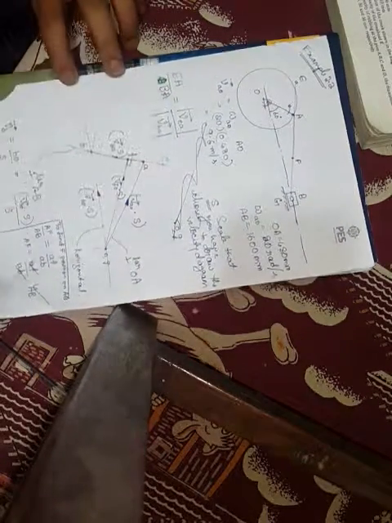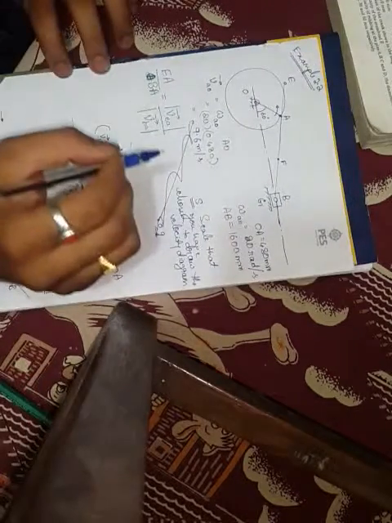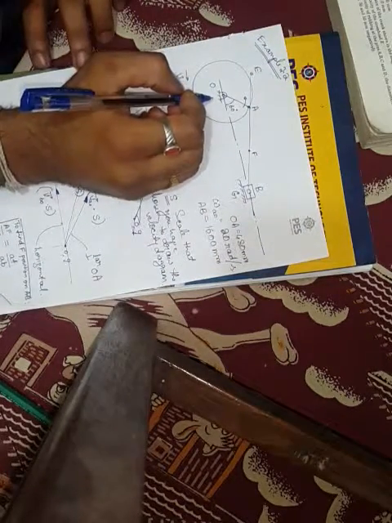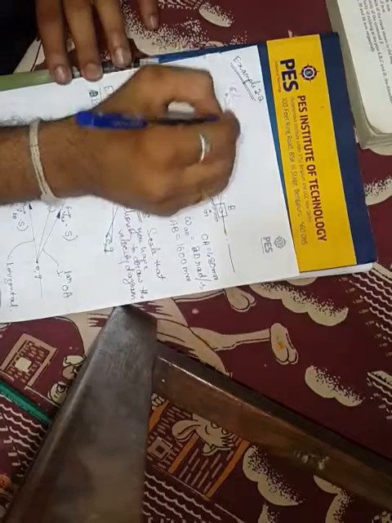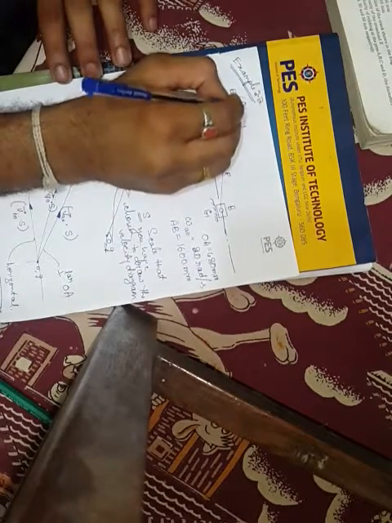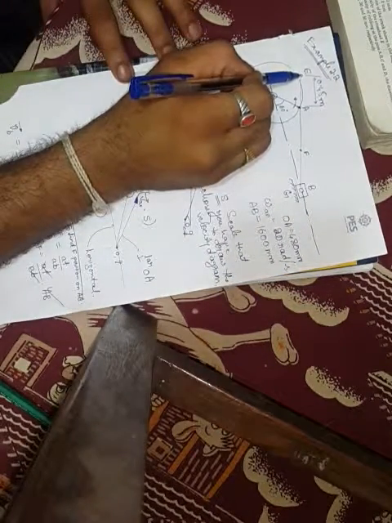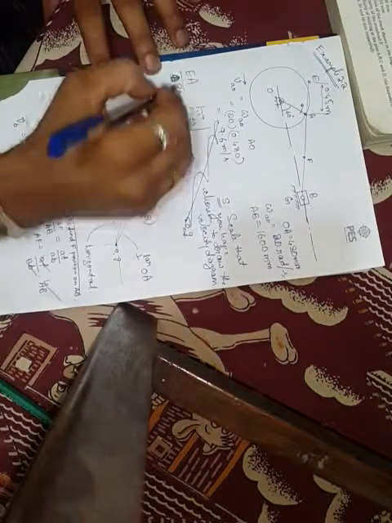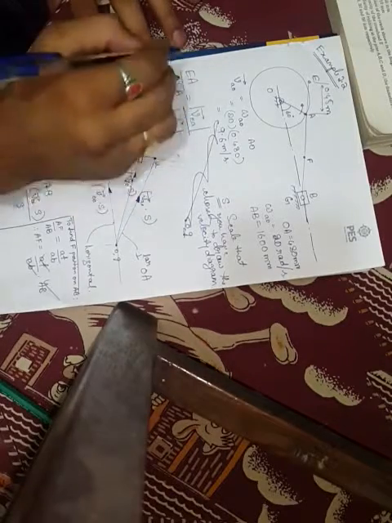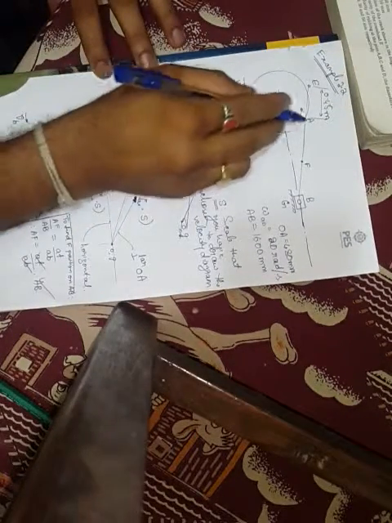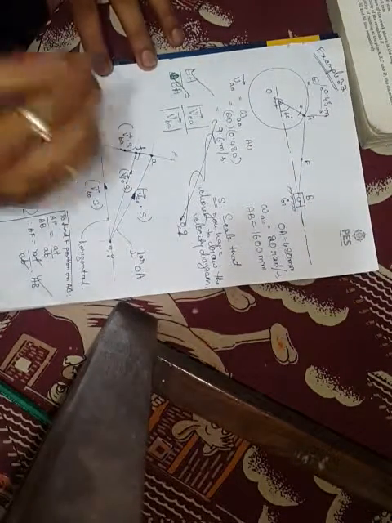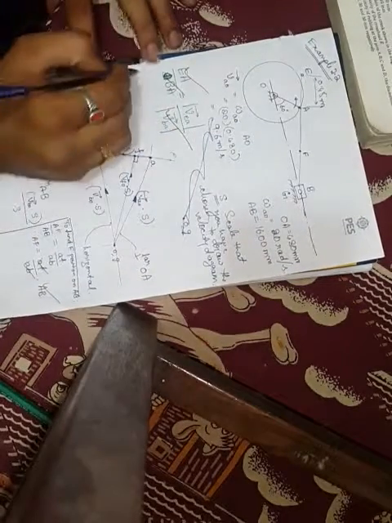Here you know the value of EA because EA is given to be 0.45 meters. Since the position of E is given to us, we can find out vector VEA because EA is known, BA is also known, which is 1.6 meters, and velocity vector BA is also known.